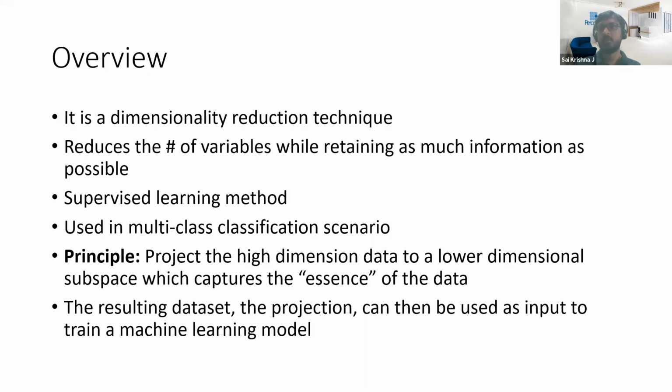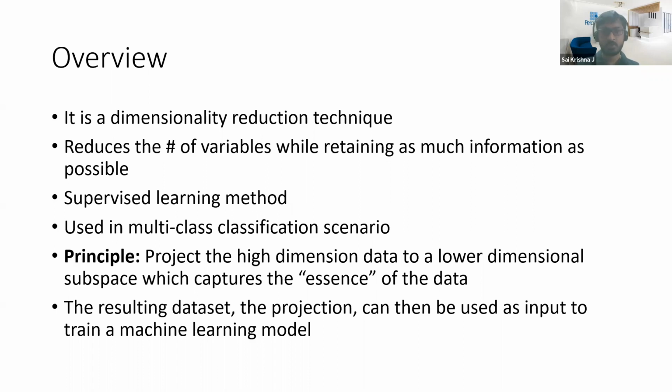For example, let us say you're working on a customer segmentation or customer classification problem, and you have 5 classes. In order to reduce the number of variables and improve the predictive power of your multi-class classification model, you use the linear discriminant analysis technique.